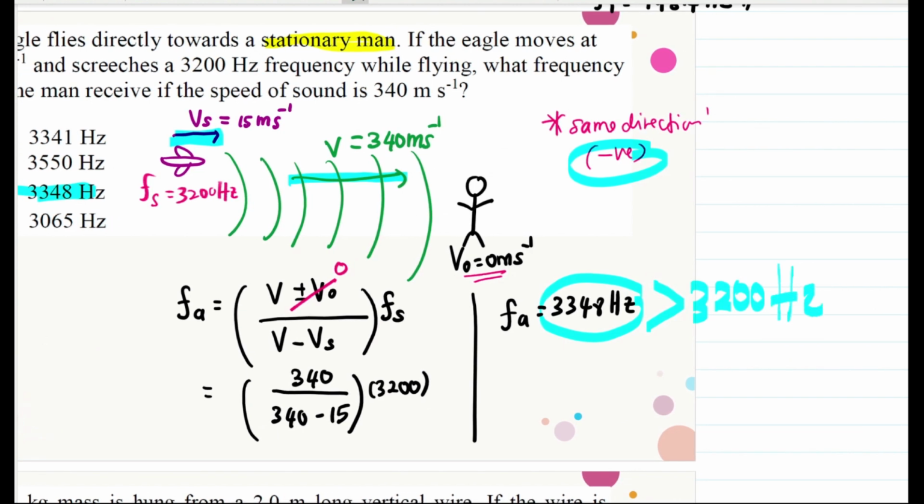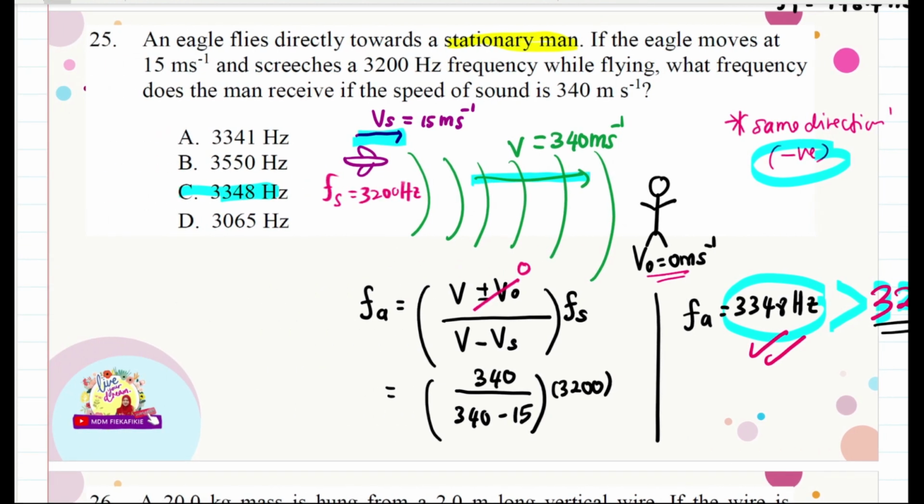So ingat balik konsep dia. When the source, bunyi itu datang dekat awak, so you akan dengar bigger frequency than 3200 Hz. So betul lah kita kira kita dapat lagi besar daripada 3200 Hz. Boleh? So the answer is C.